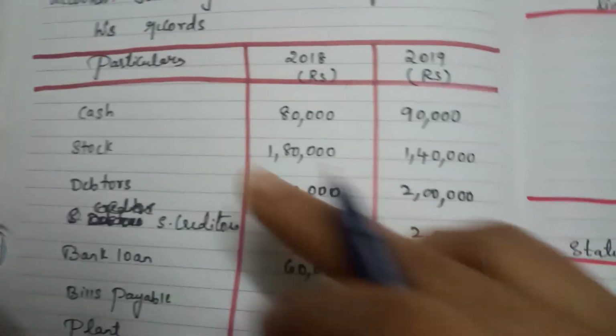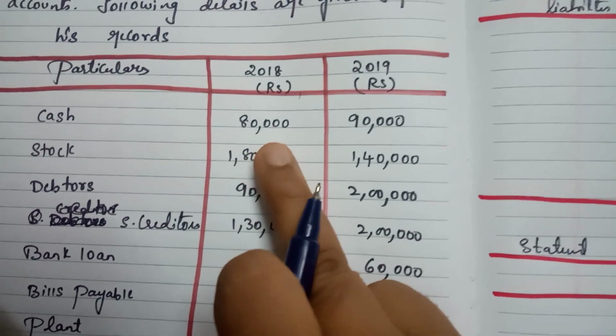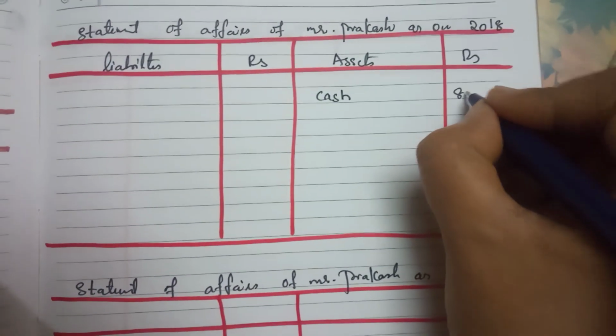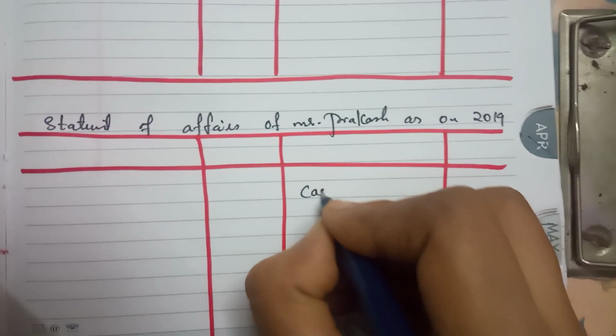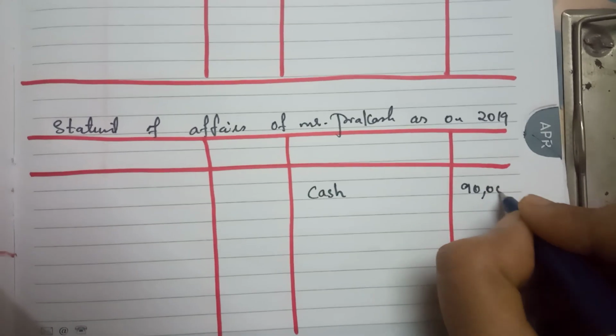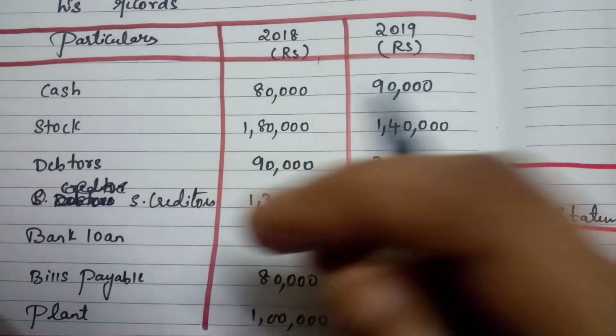We'll do cash. Cash comes under what? Asset. So 80,000, 90,000. So here I'm posting simultaneously. Cash, here it is 80,000. Here cash, how much? 90,000. Stock is also an asset. 1,80,000, 1,40,000.